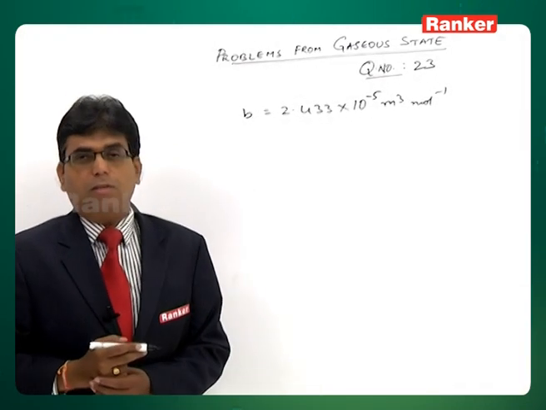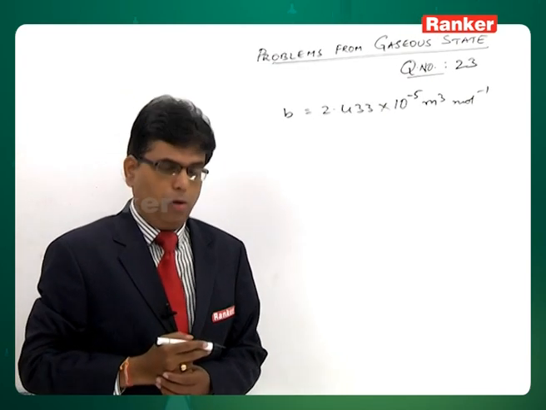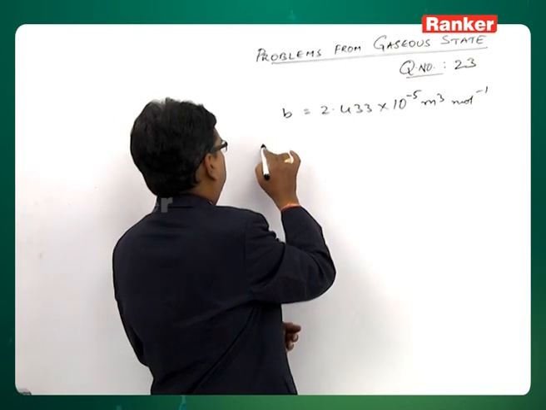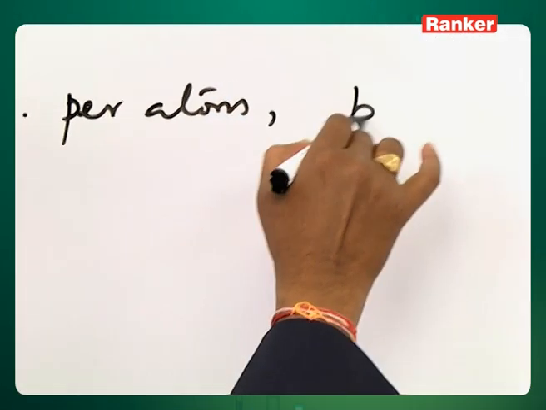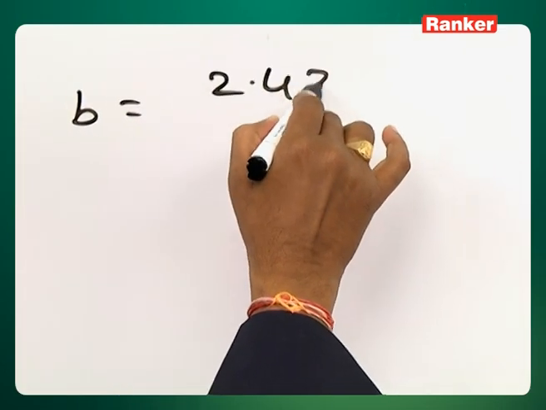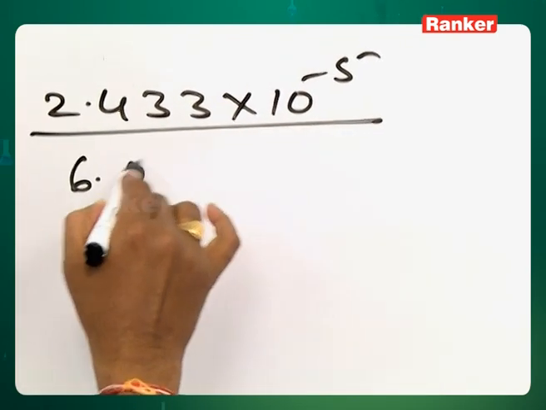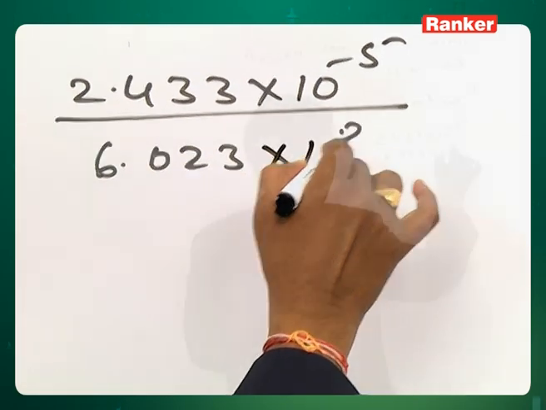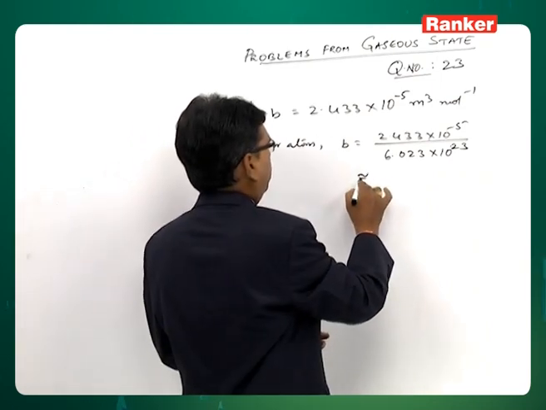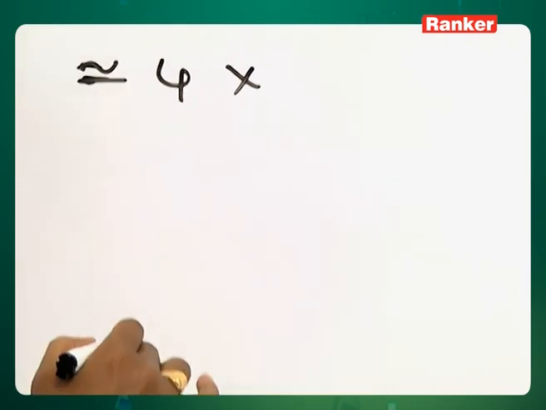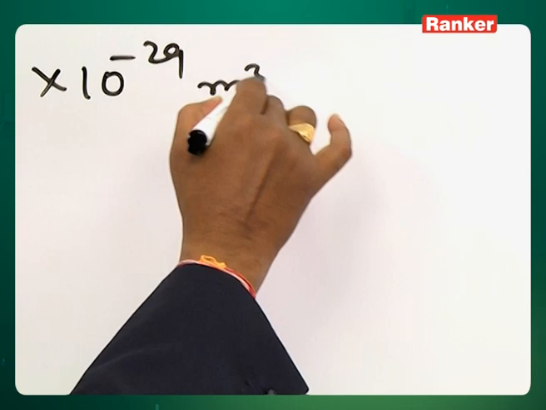This value is given per mole, cubic meter per mole. So, per atom, this B is equal to 2.433 into 10 power minus 5 by 6.023 into 10 power 23. This is approximately 4 into 10 power minus 29 cubic meter per atom.